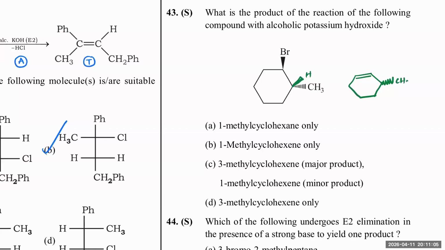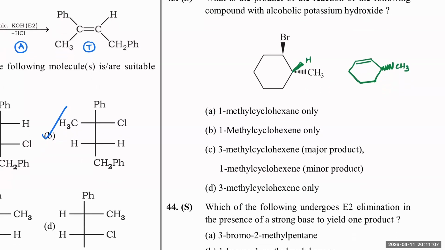This is the product you will get. Only one product. Okay. You will not get two products here. Correct. Because Br removal and H removal will be happening anti. You will get only one type of double bond here. So what do we get? One methylcyclohexene only. This is the product.